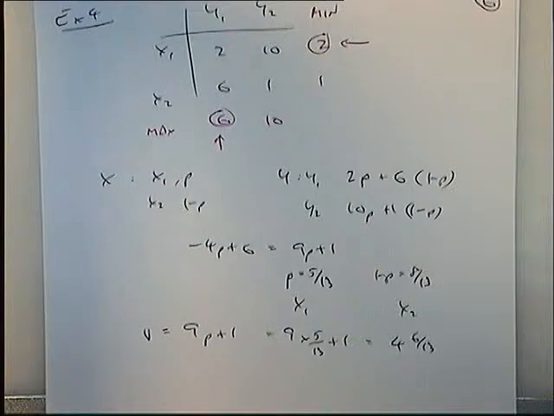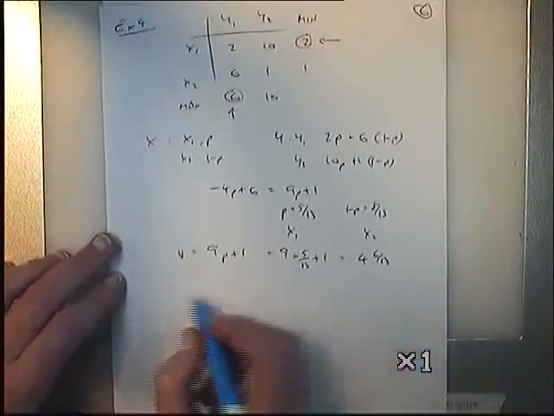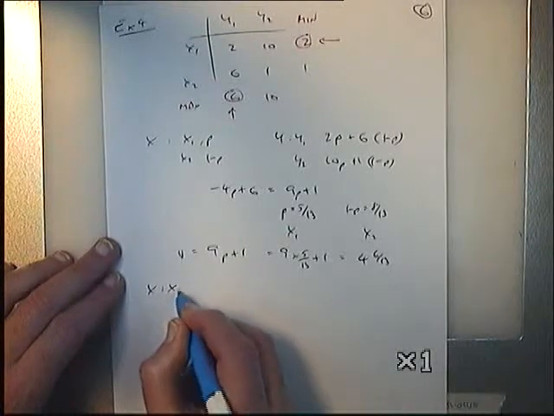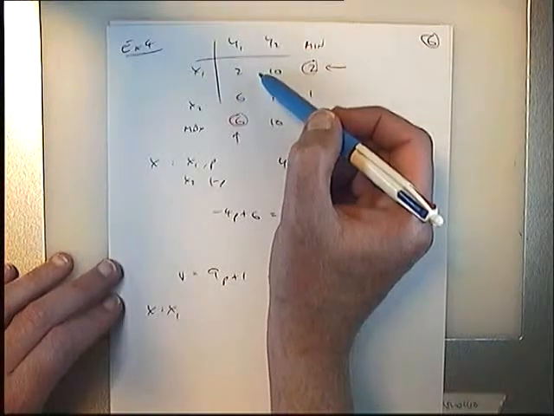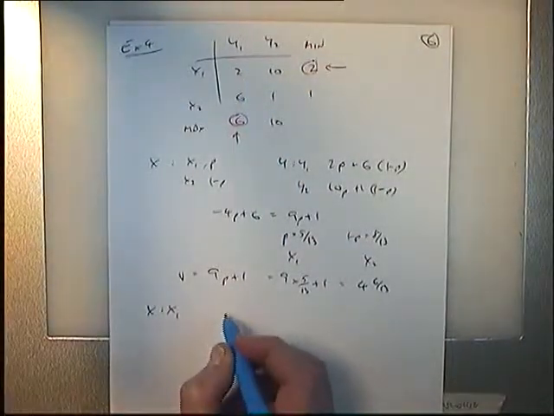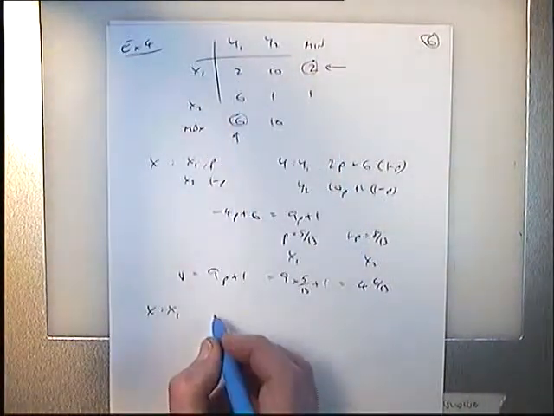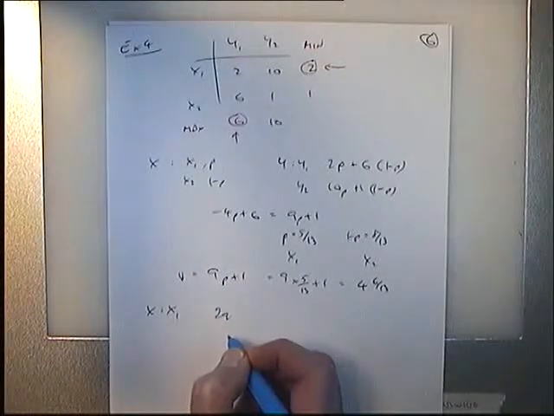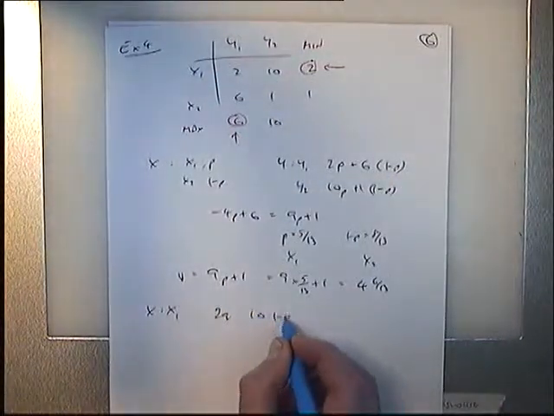Let's go through that very quickly. If we do similarly for y, y will want to know what happens if x plays x1. So looking down along here, if x plays x1, the loss to y will be 2 with a probability of q, and the loss will be 10 with a probability of 1 minus q.